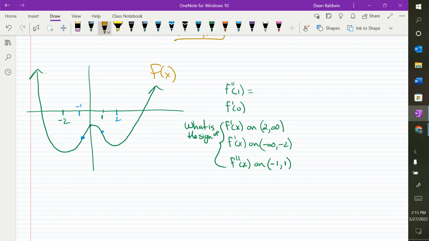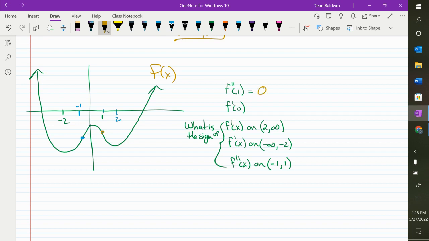All right, so the first one, f double prime of 1. What does the second derivative tell you when you're doing curve sketching? Concavity. Where the concavity changes, what is the value of the second derivative? 0. So that's a point of inflection, right?